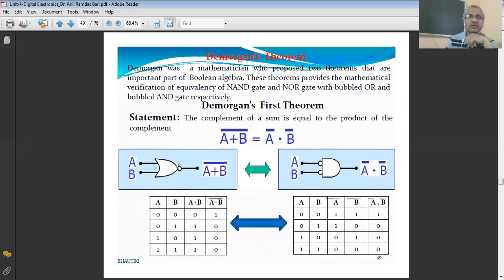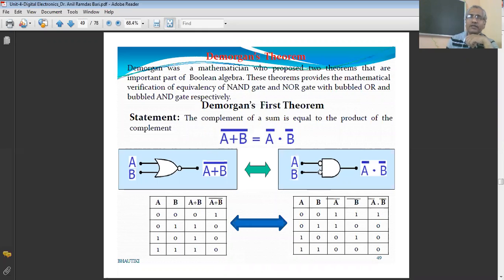So this is (A plus B) complement, and this is equivalent to this bubbled AND gate. This is the AND gate, but the inputs are inverted before being applied to the AND gate. So inputs A and B are inverted, and therefore this bubble is shown there. This bubble represents a NOT gate.